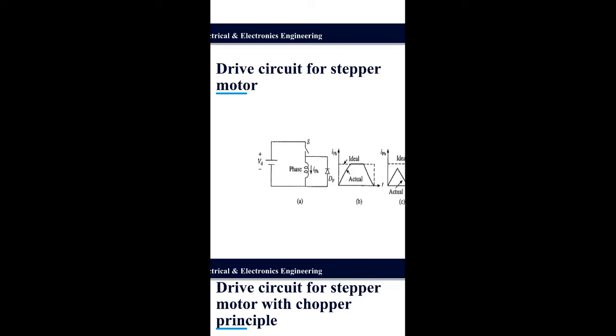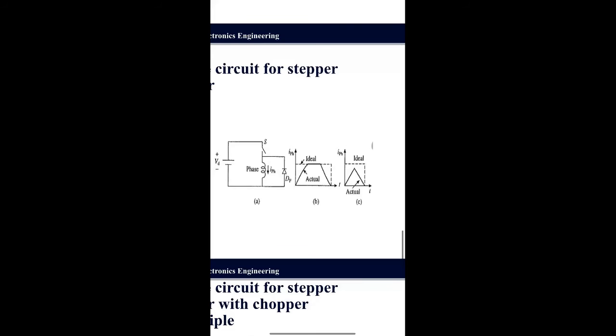Torque, which is a function of phase current, builds up and decays in the same manner. In order to maximize torque capability of a stepper motor, the drive circuit should be such that the current build up and decay should be as fast as possible.